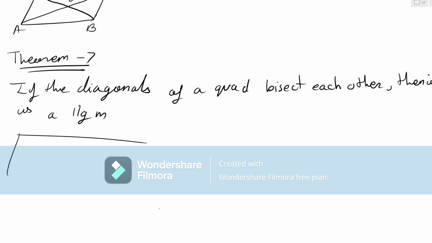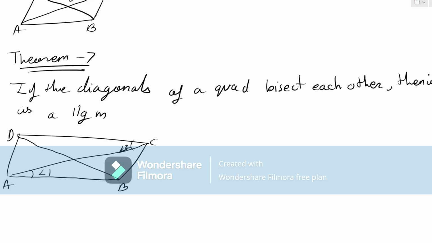Let's draw this diagram. Oh, I'm drawing really lengthy diagrams today. Let's name it A, B, C, D, A to C, B to D. These are the diagonals. Now, if you see angle 1 and here let's suppose angle 2, angle 1 and angle 2 are equal.